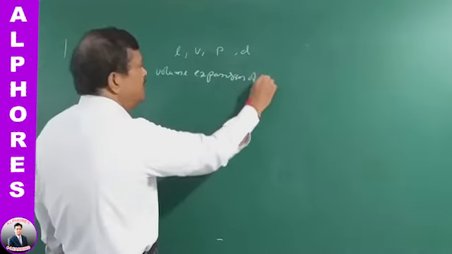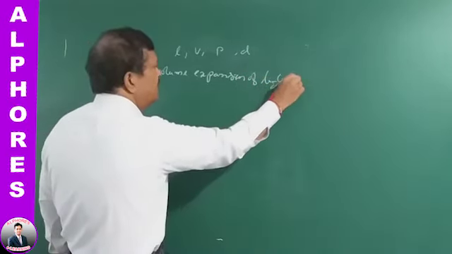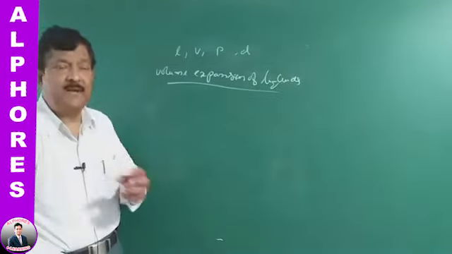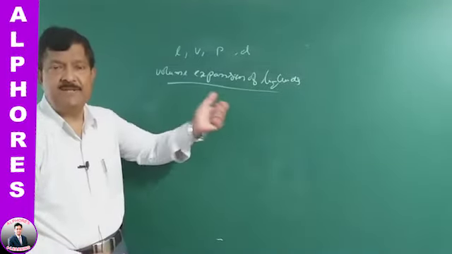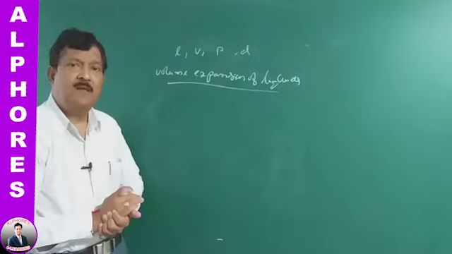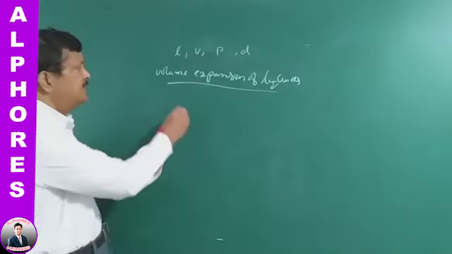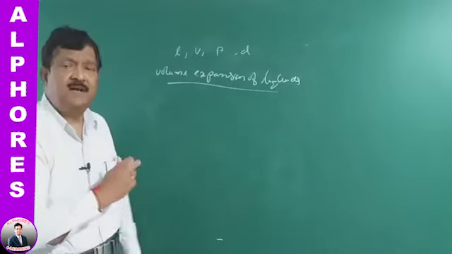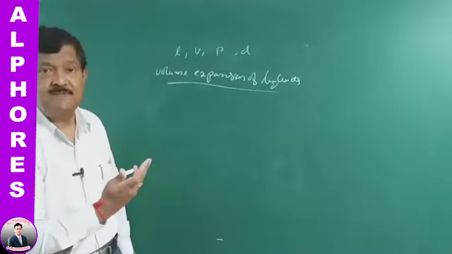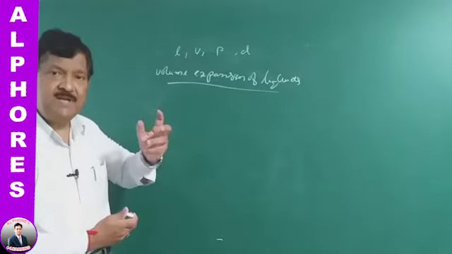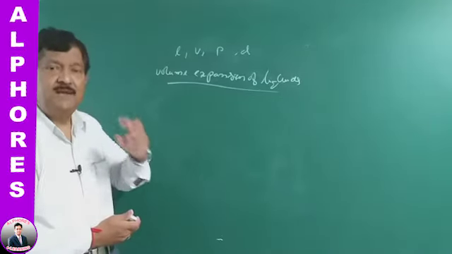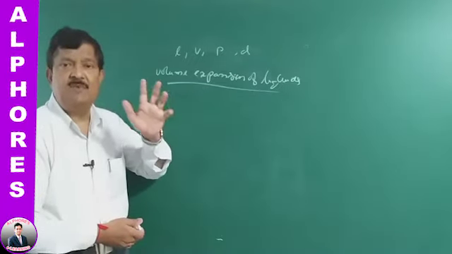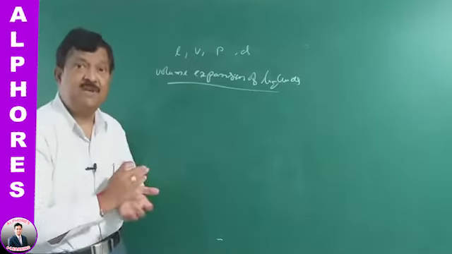Volume expansion of liquids is used as a better thermometric property. Especially, why are we using expansion of liquids? When compared with solids, expansions of liquids are large, so they can easily be measured. For a given change of temperature, the change in the volume of a liquid is very much larger than the change in the volume of a solid having the same initial volume.